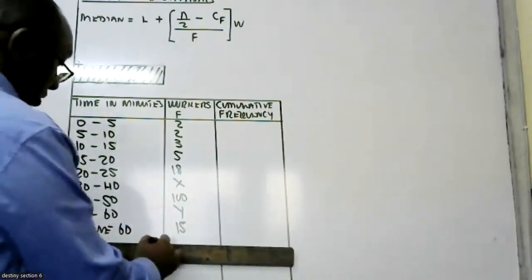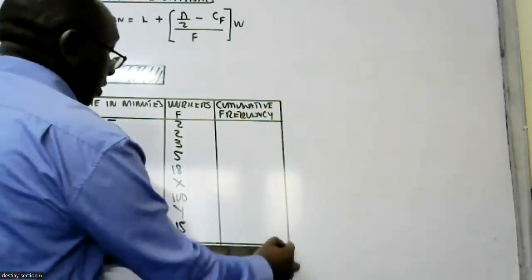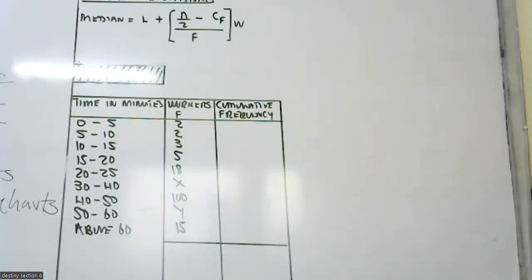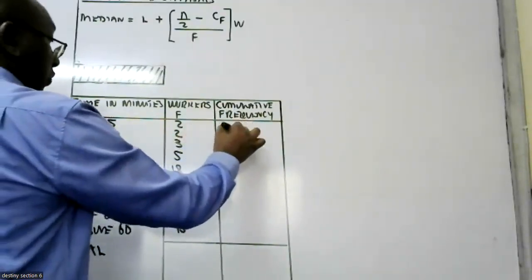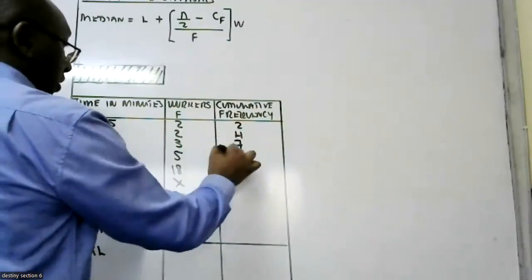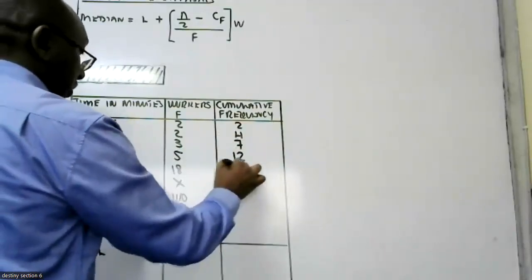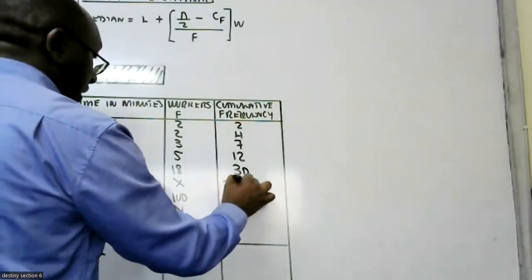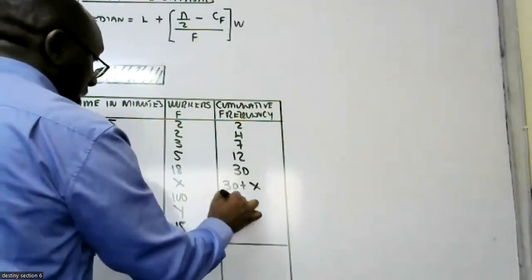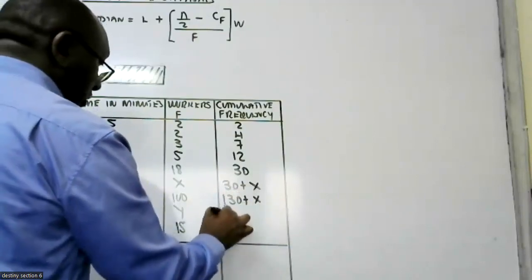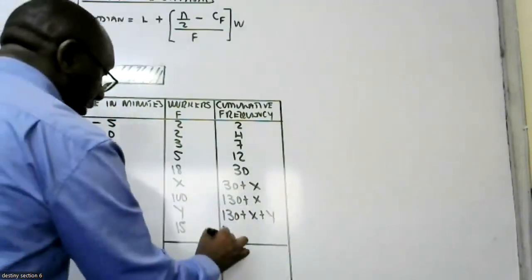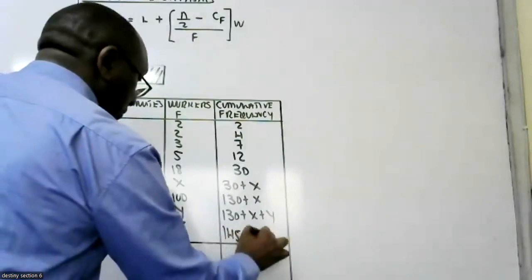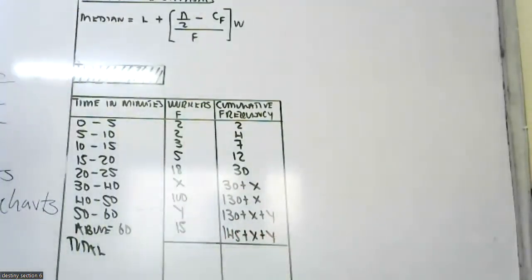And now here, we accumulate so that we will get the total. So this is 2, this is 4, this is 7, this is 12, this is 30, this is 30 plus 8, this is 130 plus 8, this is 130 plus x plus y, this is 145 plus x plus y.